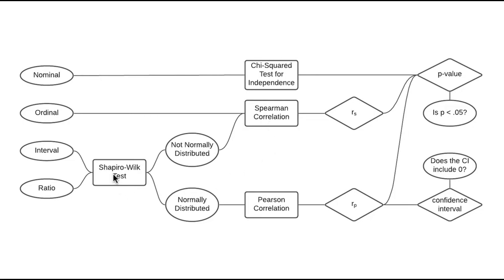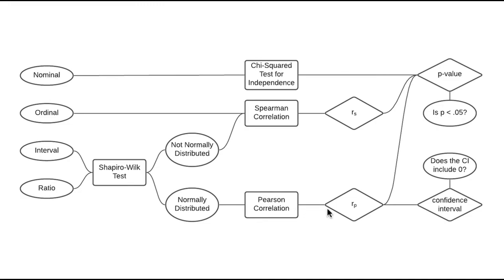So first thing you'll do is figure out what's your level of measurement. If it's ordinal, you go right to Spearman. If it's interval or ratio, you'll use the Shapiro-Wilk test to figure out if your data is normally distributed. And if one or both of those variables is not normally distributed, you'll use the Spearman. Otherwise, you'll use the Pearson.